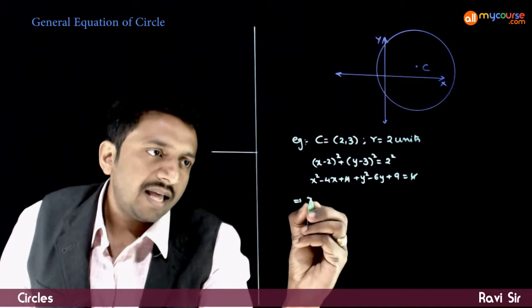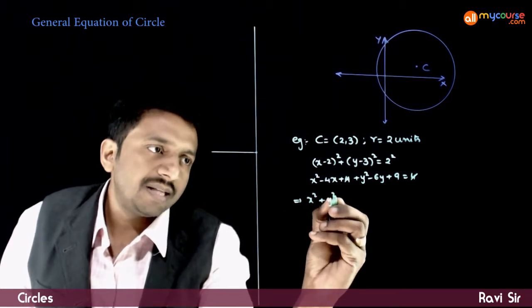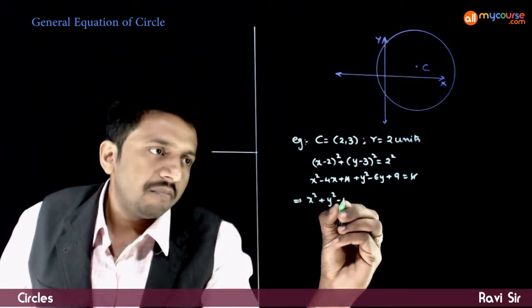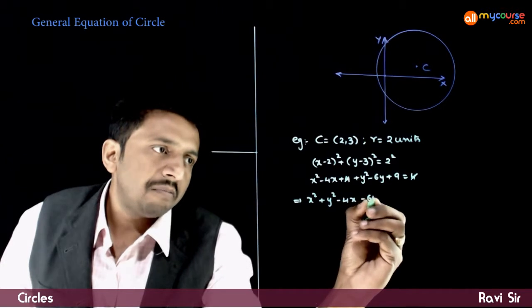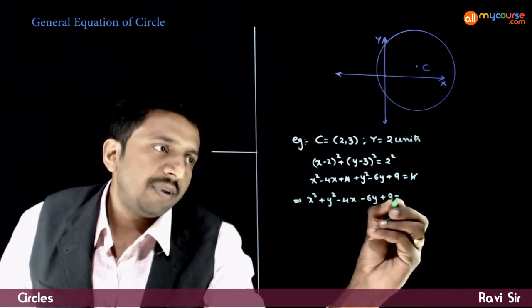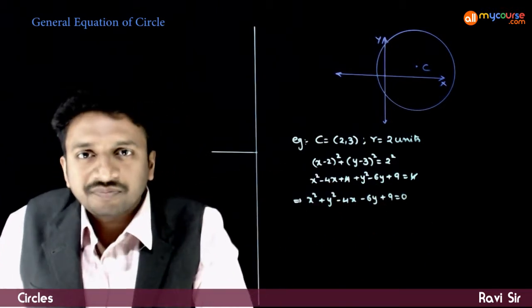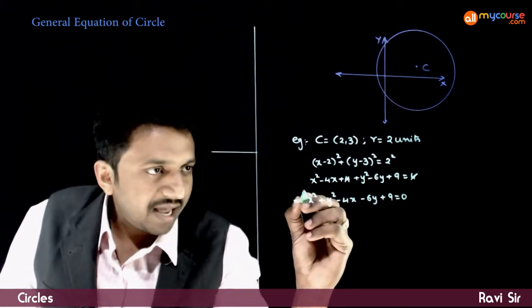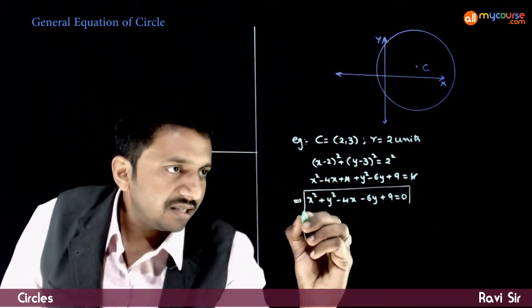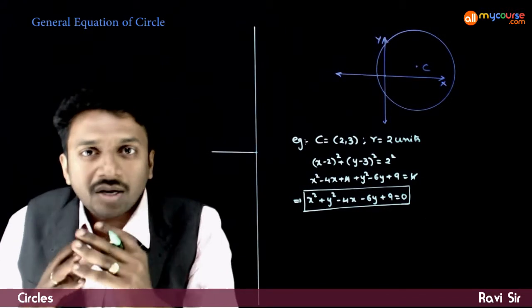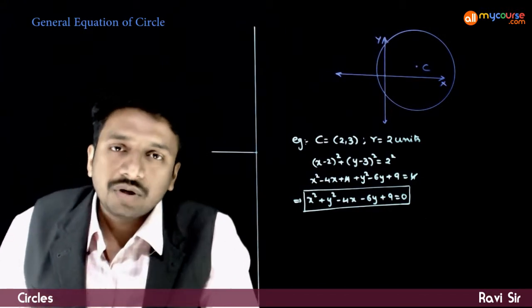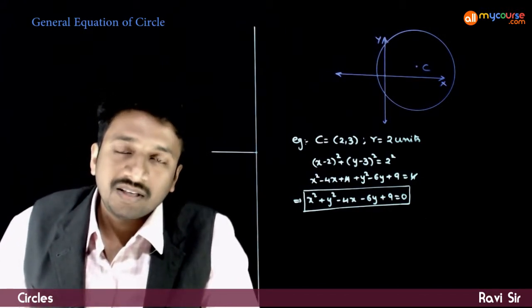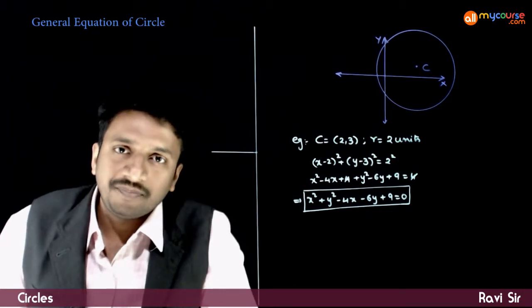This implies x² + y² - 4x - 6y + 9 = 0. So this type of representing the equation of a circle is called the general equation of a circle.